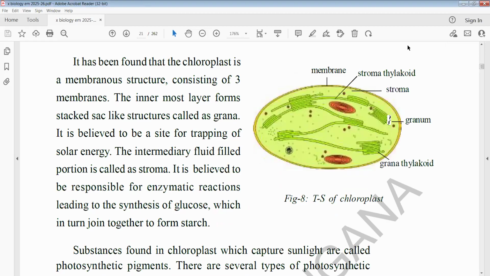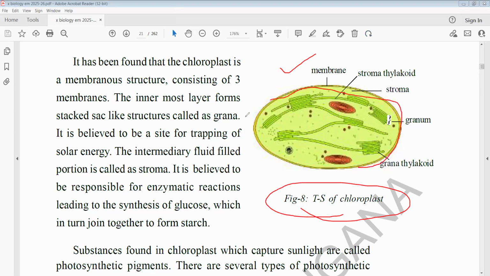Next, this is sometimes important as an examination diagram: the transverse section of a chloroplast. The chloroplast is oval shaped and is a two-layered, double-membrane cell organelle.